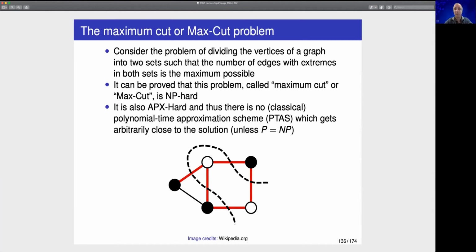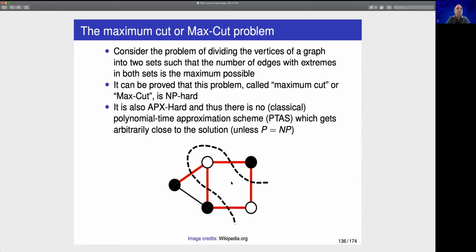We say that one of these edges is cut when the vertices it connects are in different groups. And what we are considering is what we call the maximum cut problem. So we need to divide the vertices into two groups so that the number of edges with extremes in two different groups is the maximum possible.